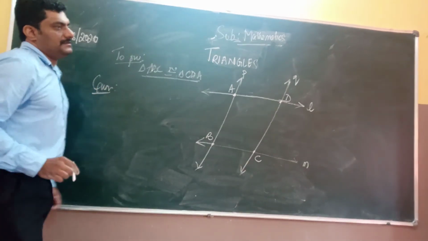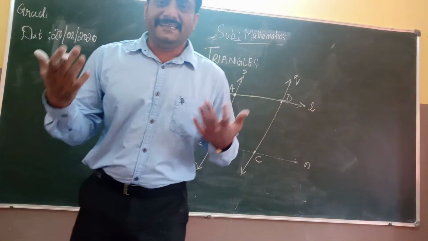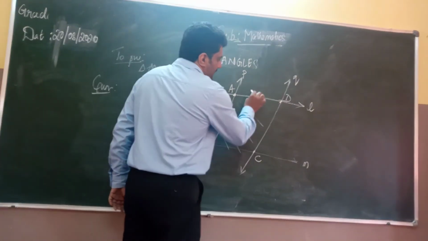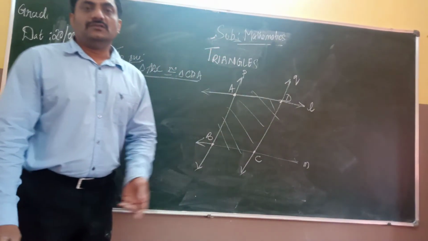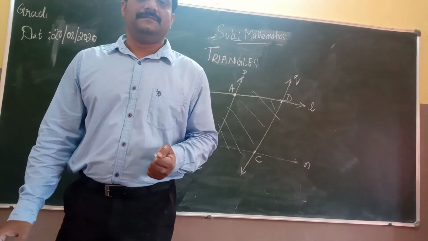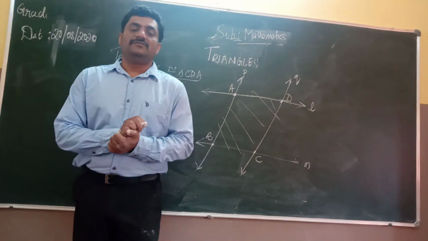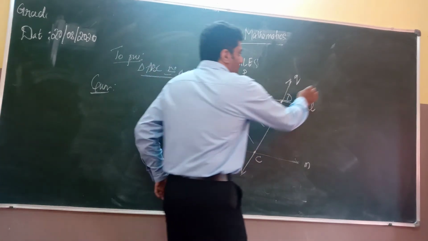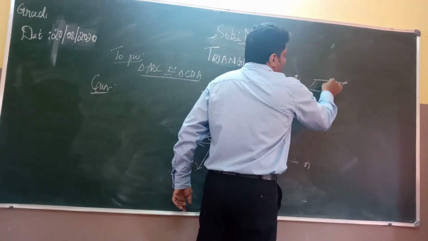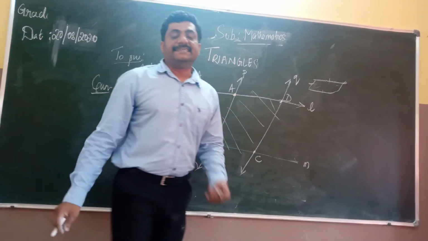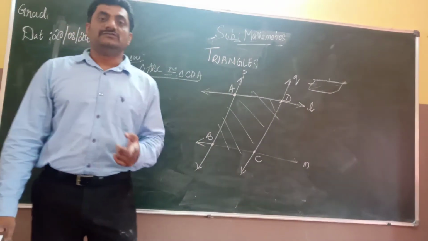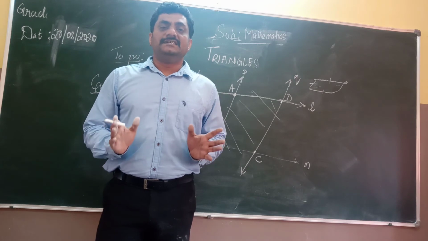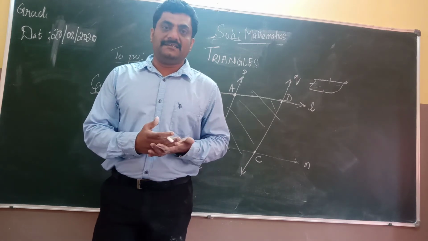Here, whenever two pairs of parallel lines intersect, whatever the diagram you get, it is always a parallelogram. Because what is the property of a parallelogram? Property of a parallelogram says that they have opposite sets of parallel lines.